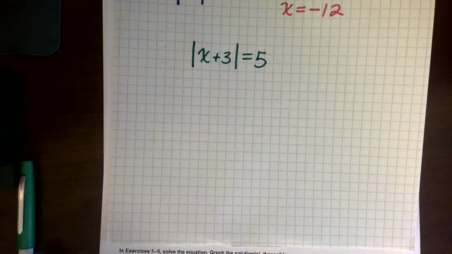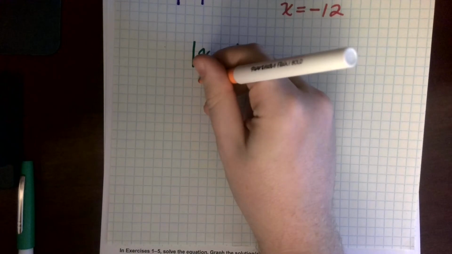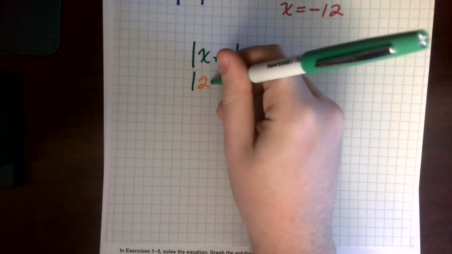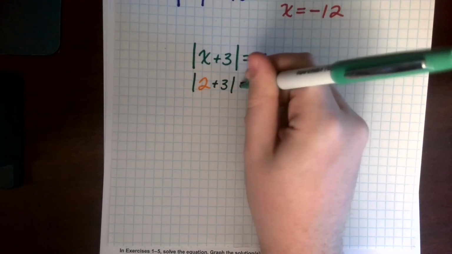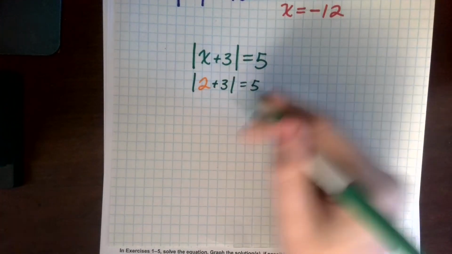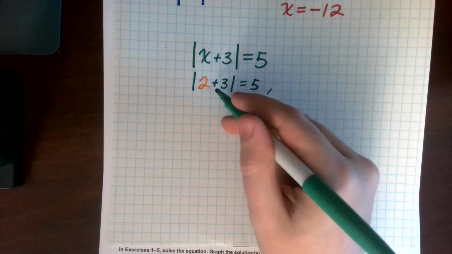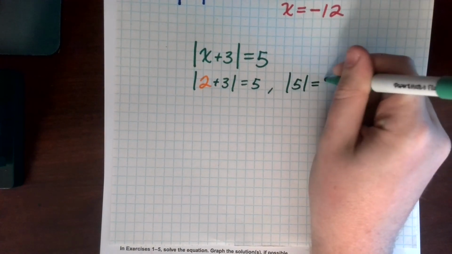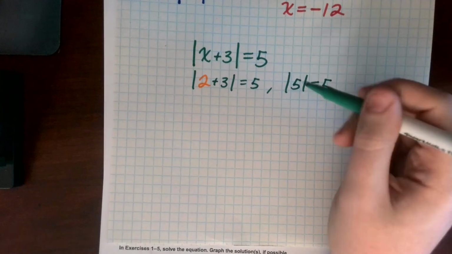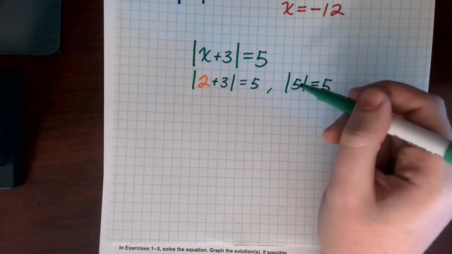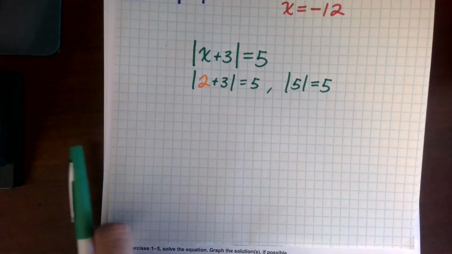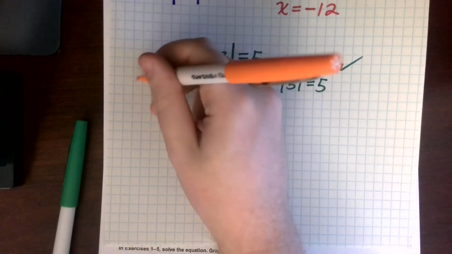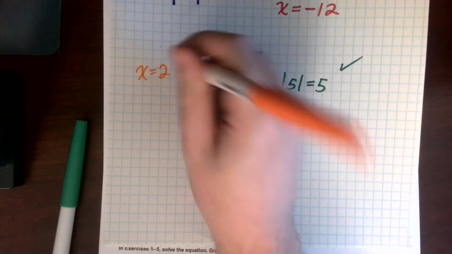I happen to know that 2 plus 3 equals 5, so what happens if I put a 2 in here? Well, I'd have the absolute value of 2 plus 3 equals 5, which is the same as saying 2 plus 3 is 5, so the absolute value of 5 is 5. And, oh, would you look at that? The absolute value of 5 is positive 5. So we know that this one works, which means one of our solutions is x equals 2. Perfect.